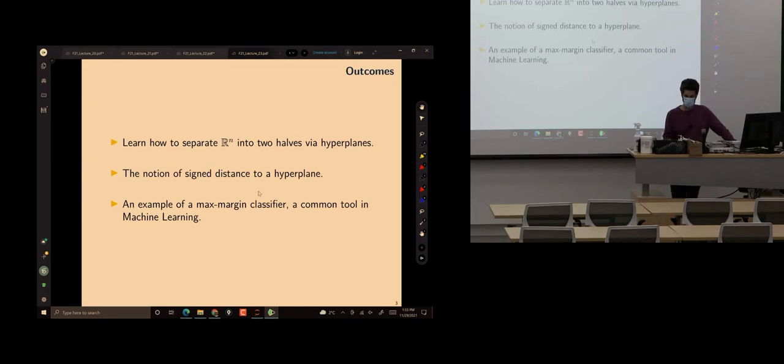And we also want to learn a notion of distance, the signed distance, to know which points fall into which side. The distance, of course, will tell us how far. But the sign of the distance is also very important for us because it defines the side. And then we're going to see an example of a maximum margin classifier.